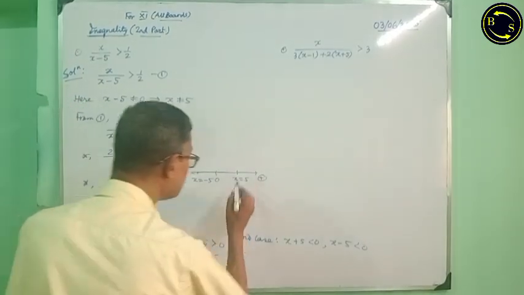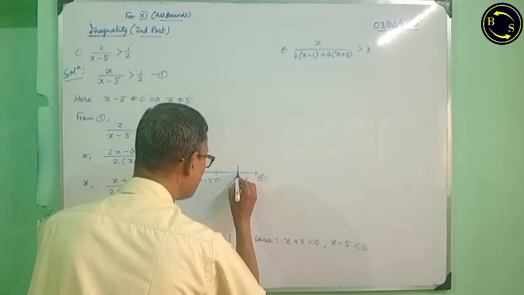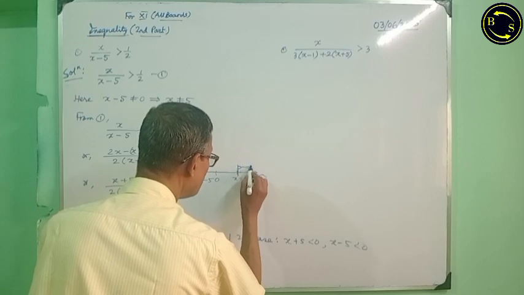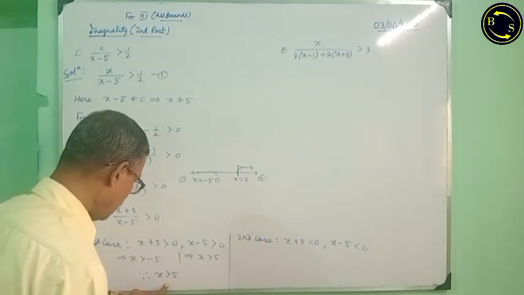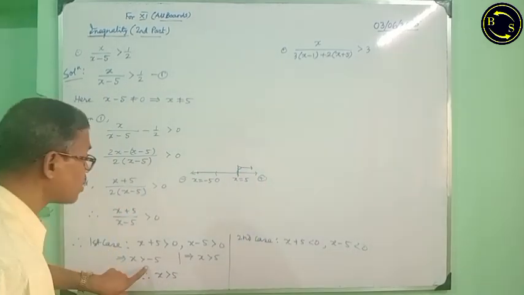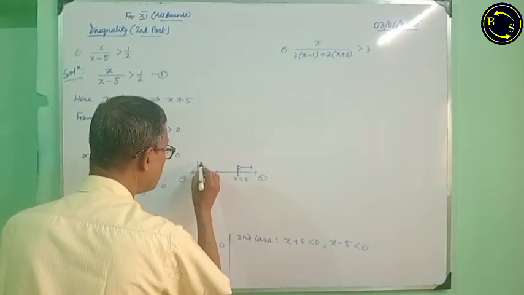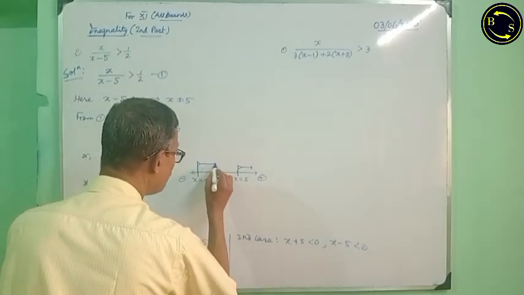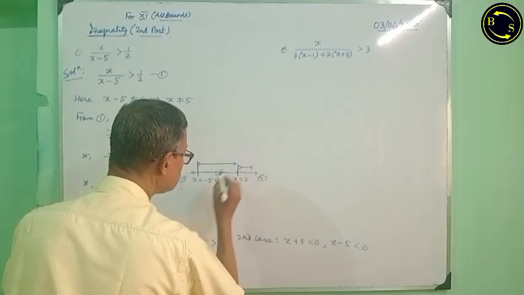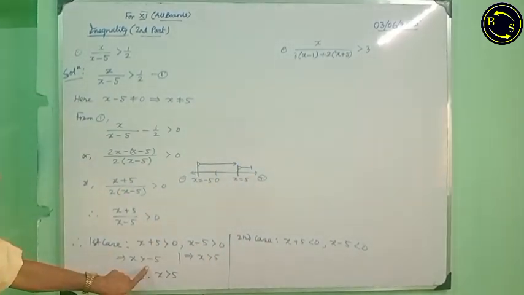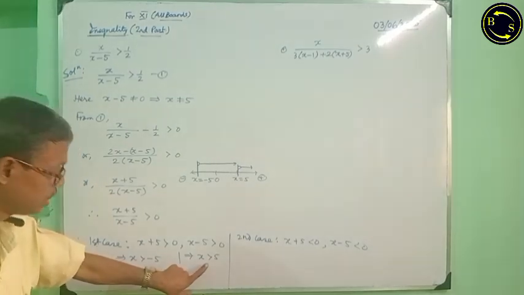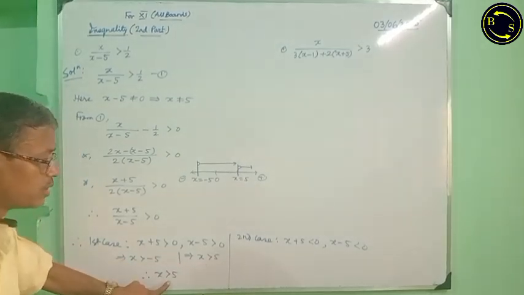X greater than 5 means this one, and x greater than minus 5 means this one. Then you note what is the common one? X greater than 5.